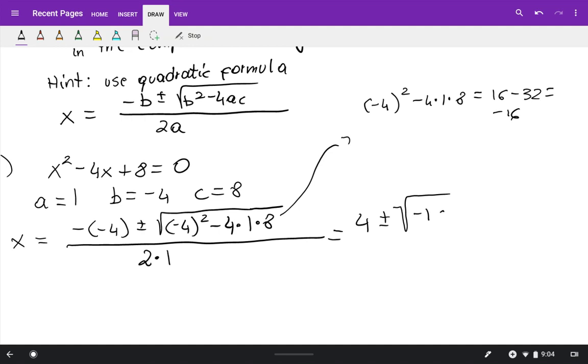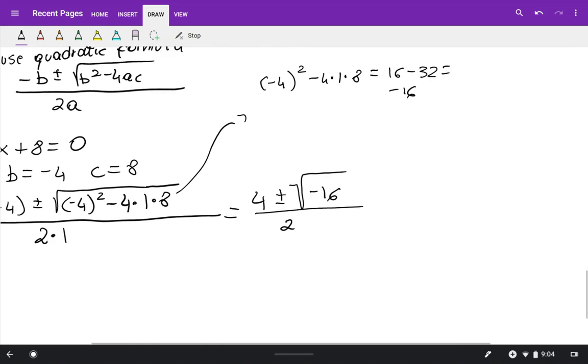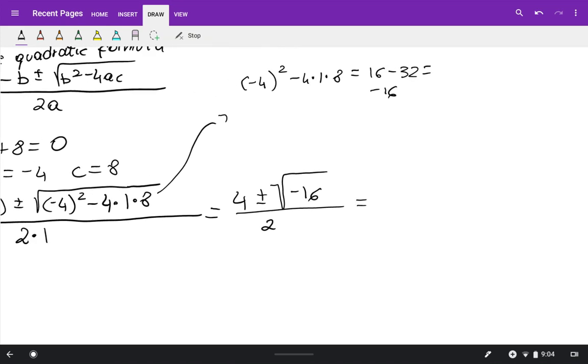Here we have negative 16 and everything over 2. Now we're going to use the principal square root. The square root of negative 16 is the same as square root of 16 times i. And you know that the square root of 16 is 4, so we're getting 4i.